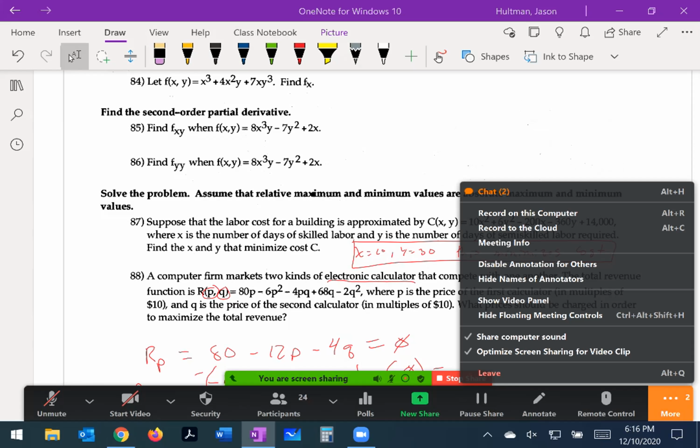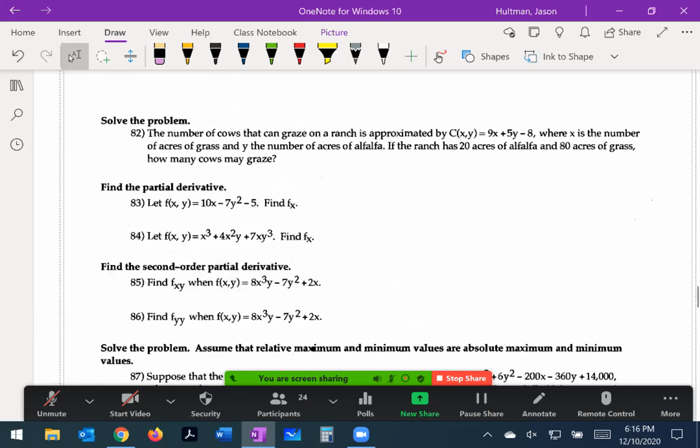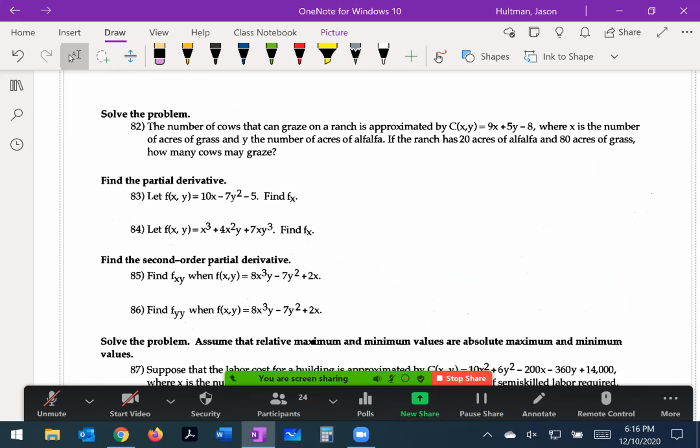Okay, going backwards. Can you do 84 and 86? Sure. Okay, so find the partial derivative, find f sub x, 84.